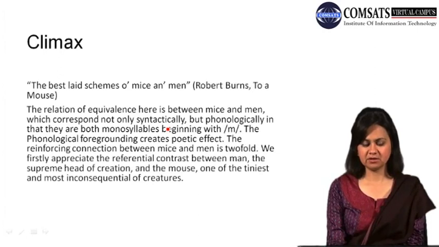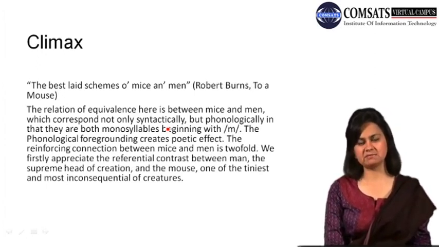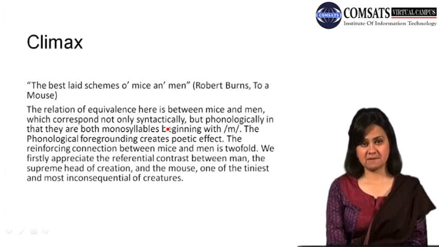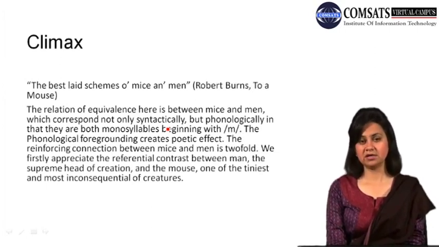But look at the very meaning, that is twofold, because there is a scheme in the writer's mind that we firstly appreciate the referential contrast between man and mice. That man, though supreme head of the creation, powerful, dignified, respectful, rational, and the reason of the creation of the world as well, has been put side by side with mice.